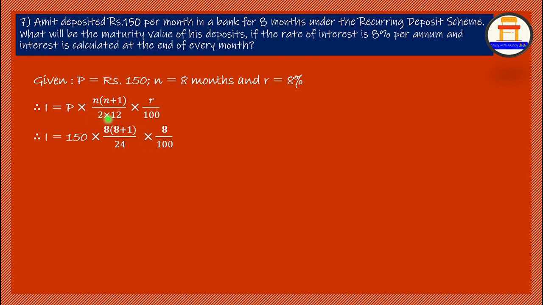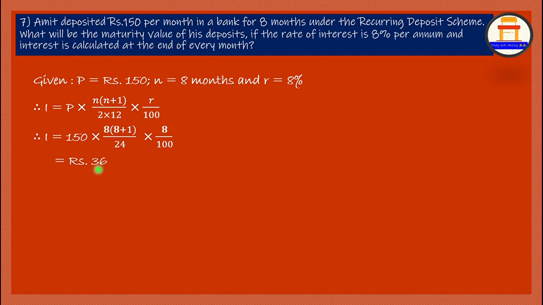It is 2 into 12, that is 24 into 100. Upon further simplification, we get the simple interest as 36 rupees. 36 rupees is the interest Amit is getting for his deposit.